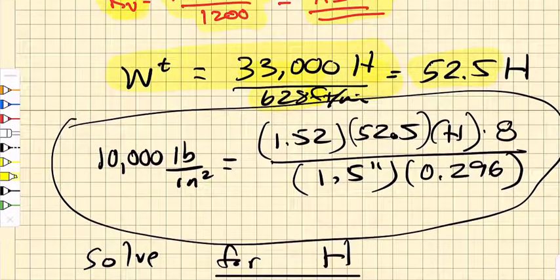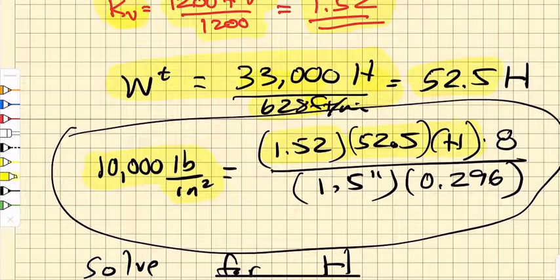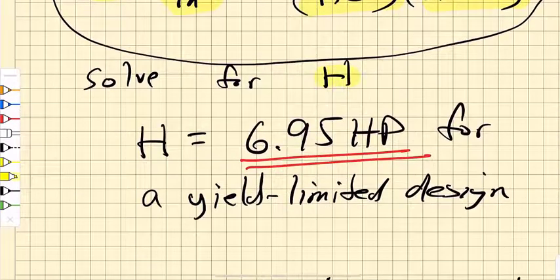We set the design allowable of 10 kpsi equal to the velocity correction factor times the tangential load, which is 52.5 H. We multiply that by the diametral pitch, which is 8 teeth per inch, divide it by the face width of 1.5 and the Lewis form factor of 0.296. We solve for H, and we get a yield limited design of 6.95 horsepower.